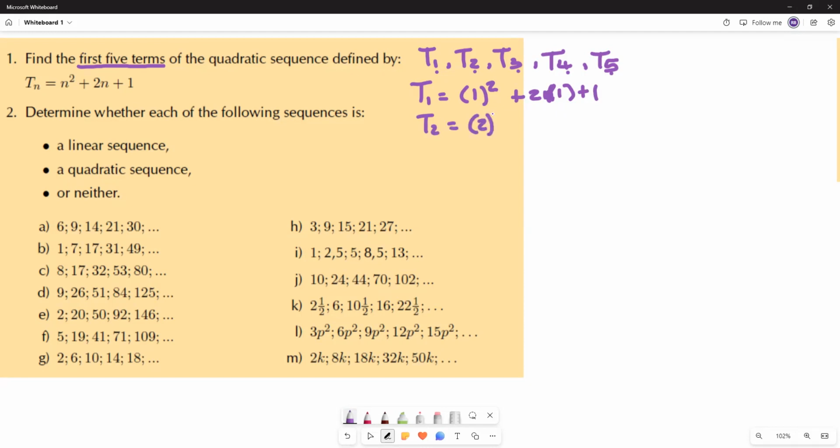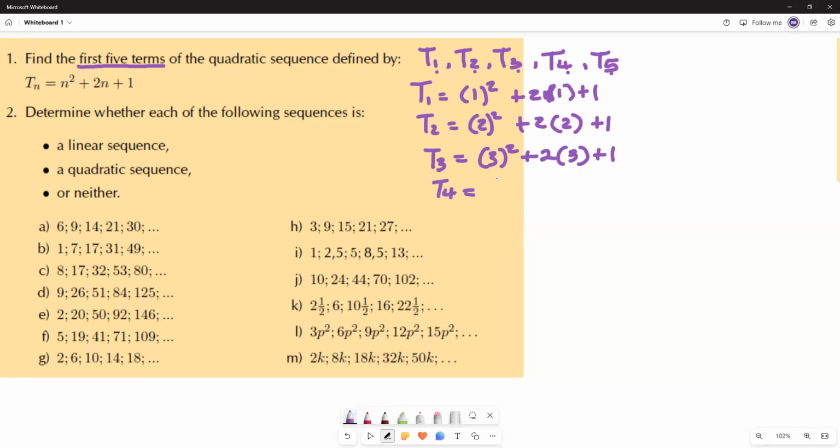That'll be 2 squared plus 2 times 2 plus 1. Then you do T3. It's 3 squared plus 2 times 3, then plus 1.